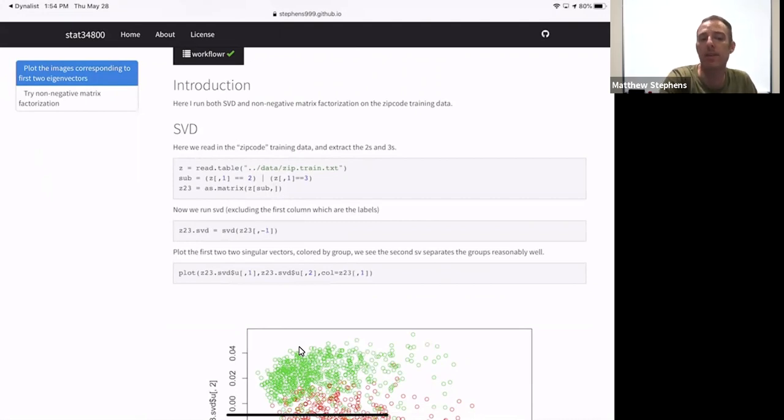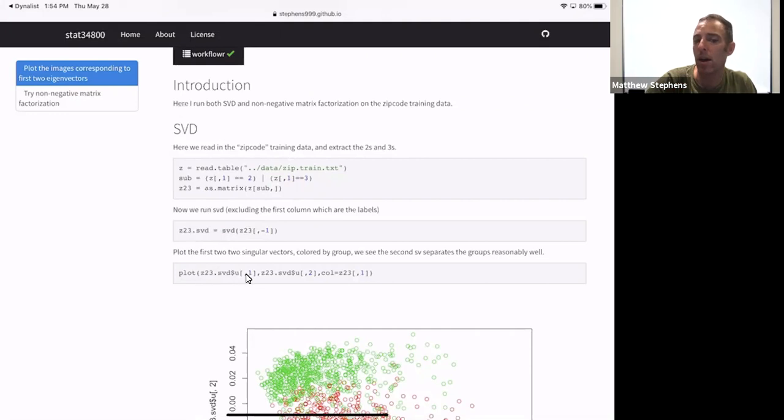And I do an SVD on the data matrix. The first column are the labels of whether it's a 2 or a 3, so we don't want that. That's not part of the data. So we're doing SVD on the pixels, which are the other 256 columns of the data matrix. So we just do the SVD.